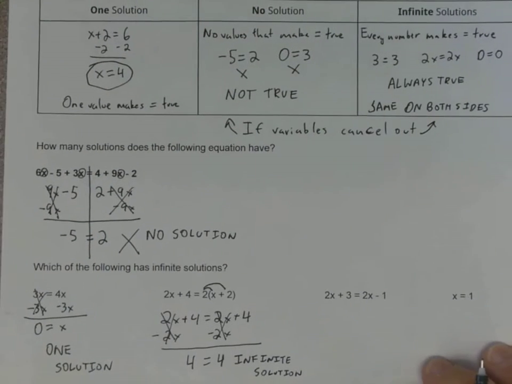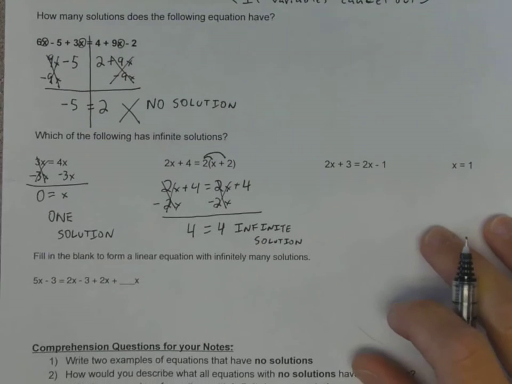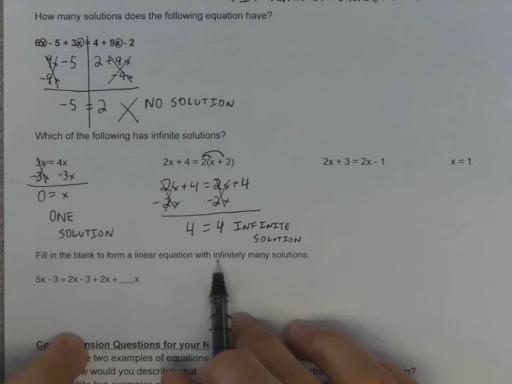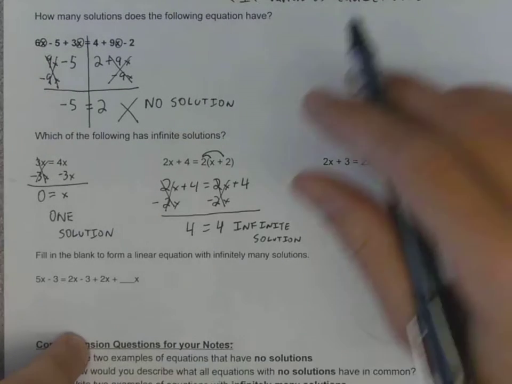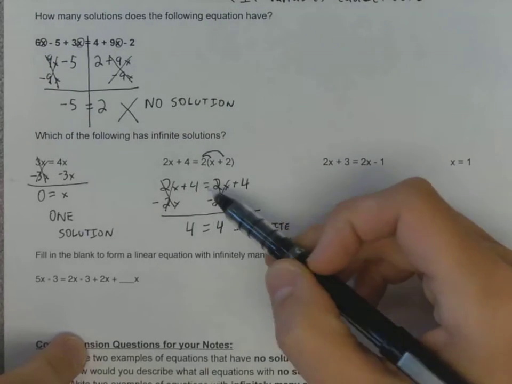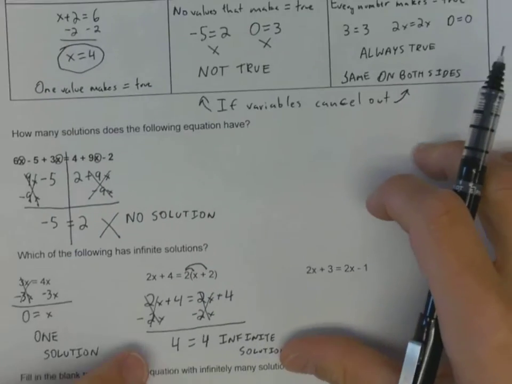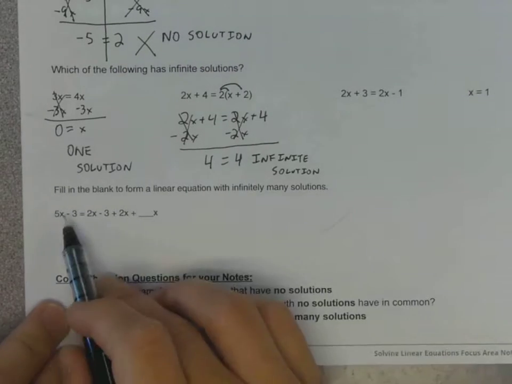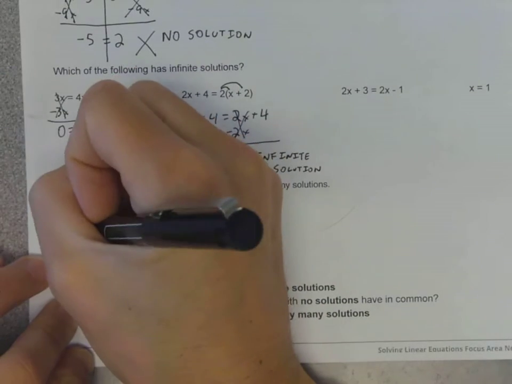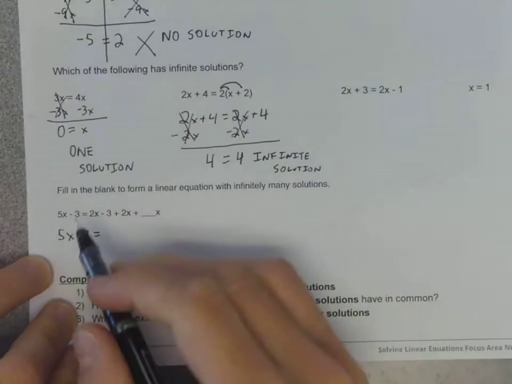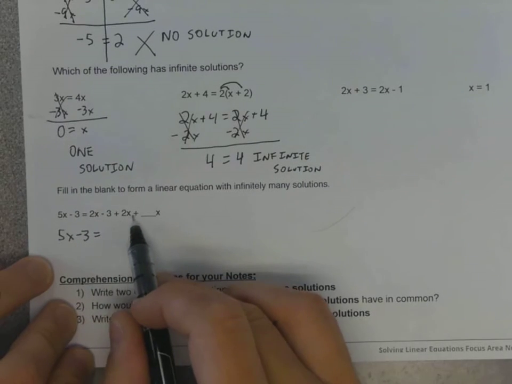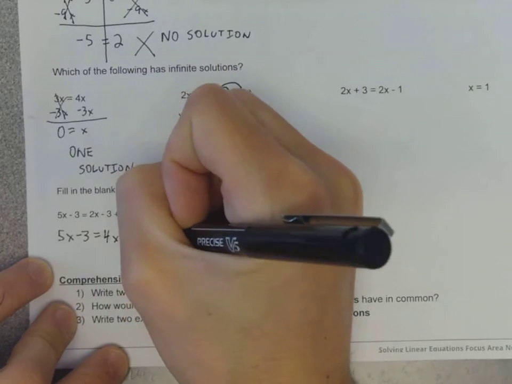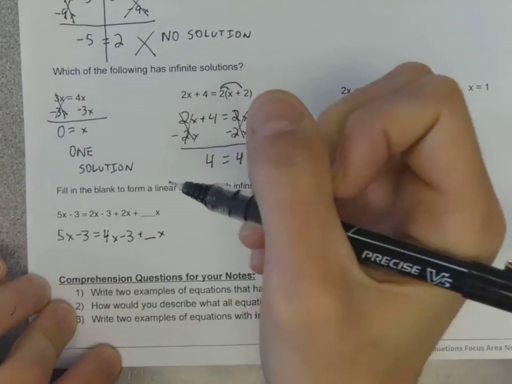One last problem you might encounter in this focus area is something like this. Fill in the blank to form a linear equation with infinitely many solutions. If it has infinite solutions, then it has to be the same thing on both sides of the equation. It has to be exactly true. Here we have 5x minus 3 equals 2x minus 3 plus 2x plus blank x. If I put my 2x's together, that would be 4x minus 3 plus blank x.